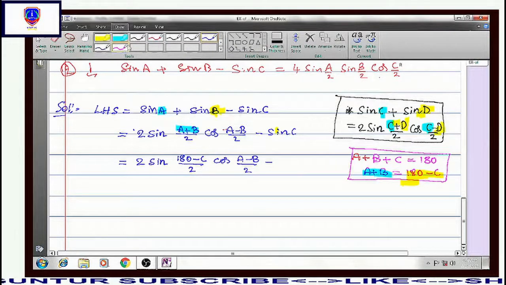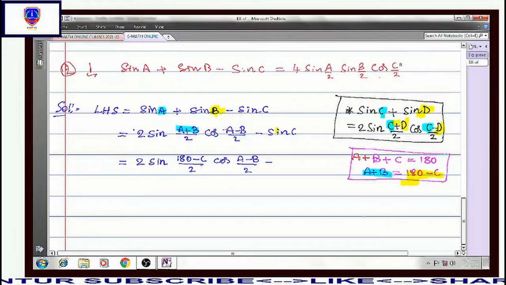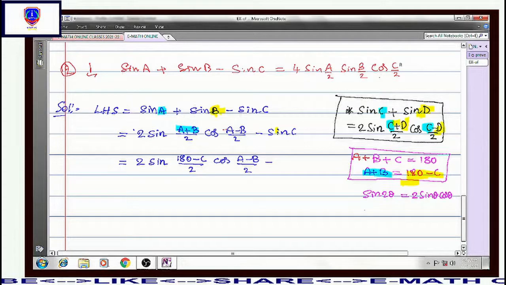Sin 2 theta means 2 sin theta cos theta. If you replace 2 theta by theta, then you will get sin theta equal to 2 sin theta by 2 and cos theta by 2.